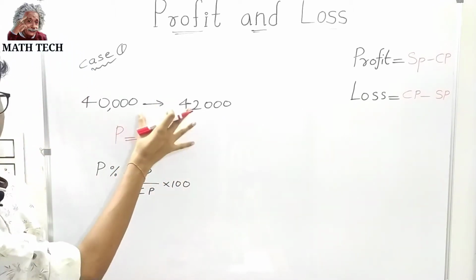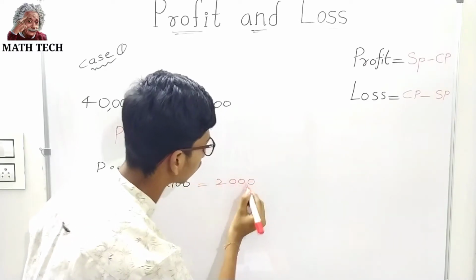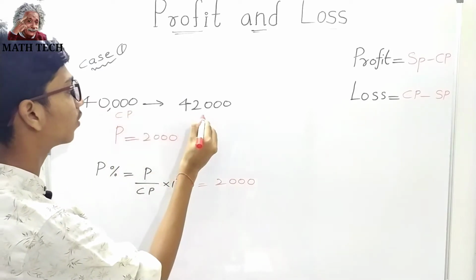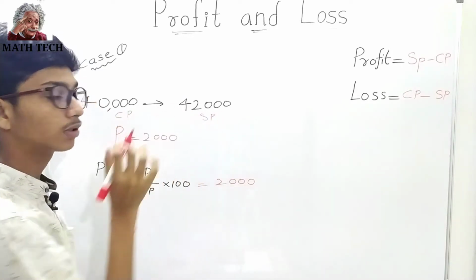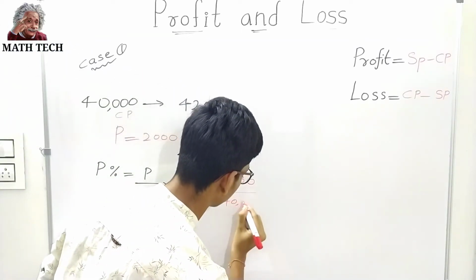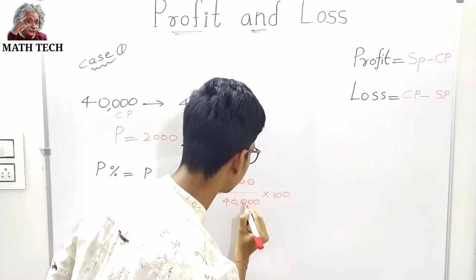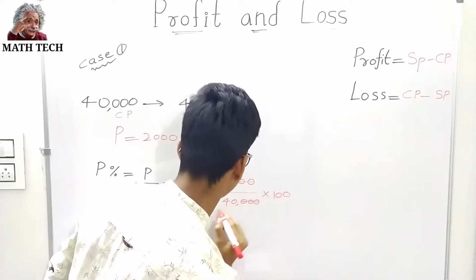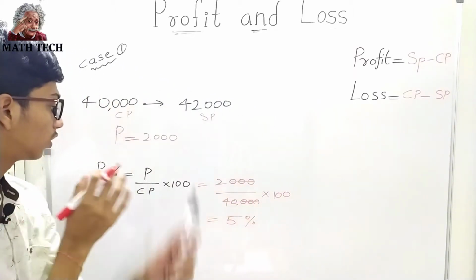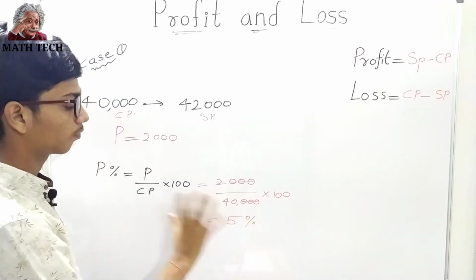In this case, profit is 2,000 rupees, and cost price is 40,000, into 100. That is 5%. You will get the profit of 5%.